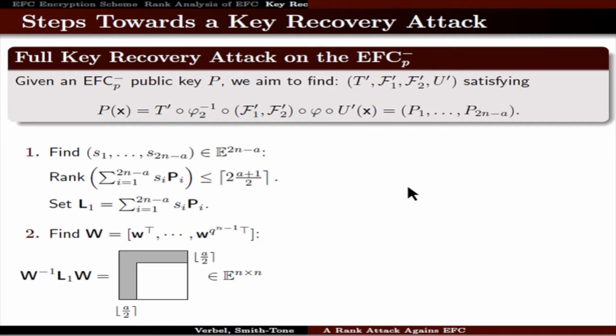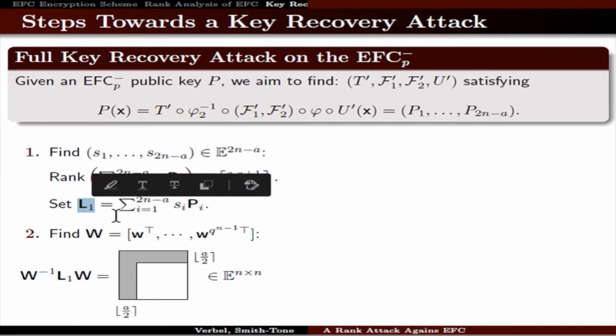And after we find the solution of the MinRank problem, we build the low rank matrix L1. It is supposed to be a matrix having this rank.